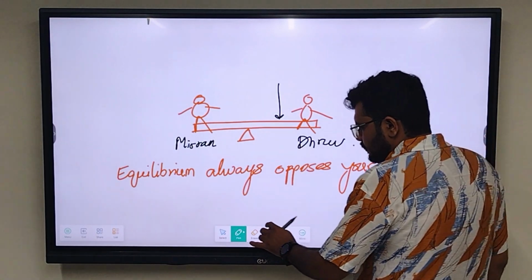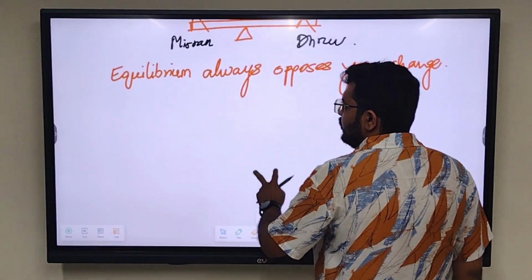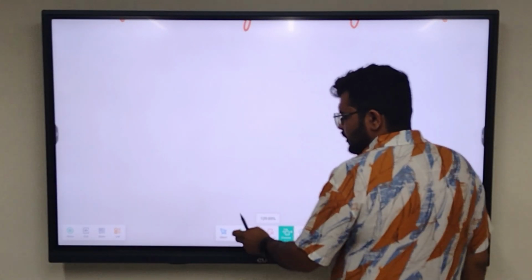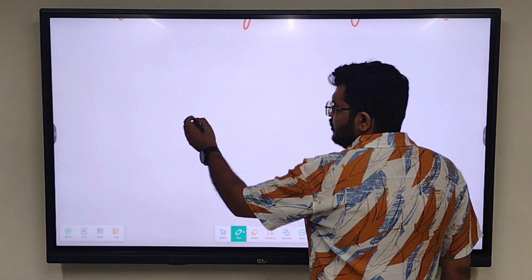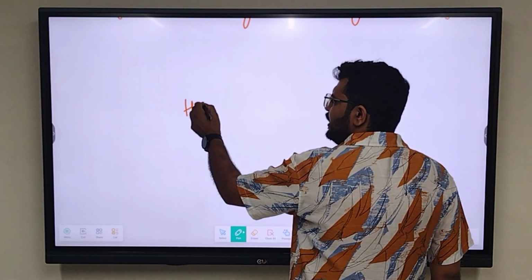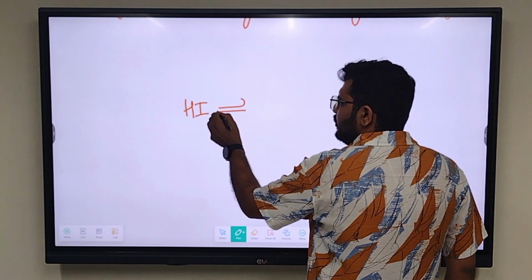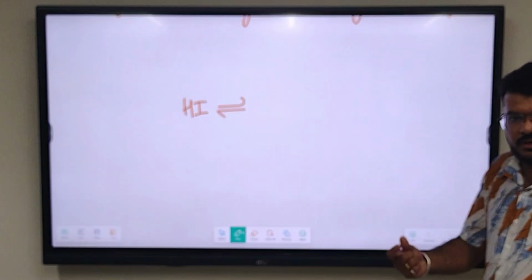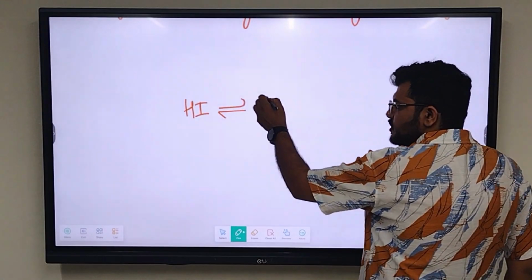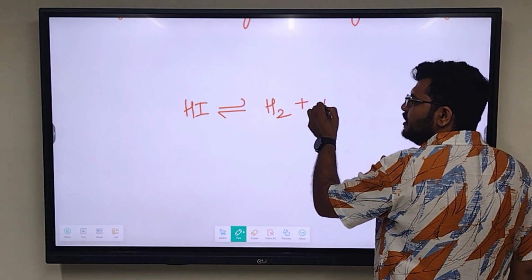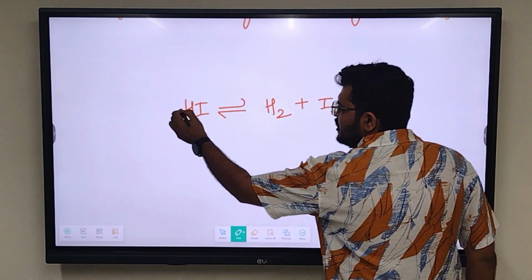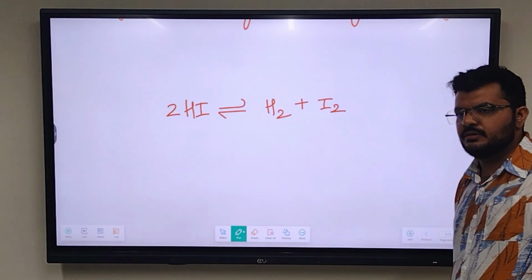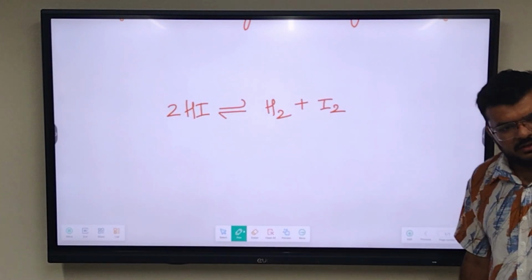Now, let us have a look at a chemical equation. ठीक है? So there is one such equation where hydrogen iodide, if you heat hydrogen iodide, it decomposes to hydrogen and iodine gas. Now to balance the equation, I will write 2 over here. है ना?